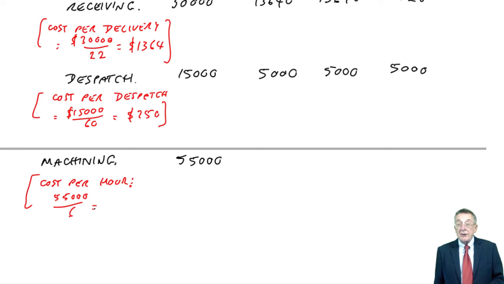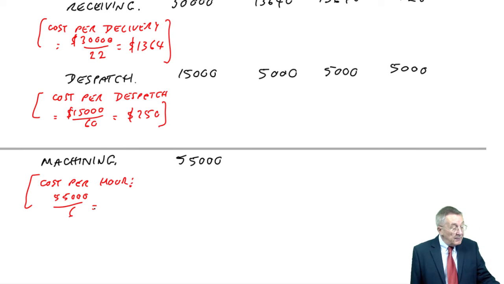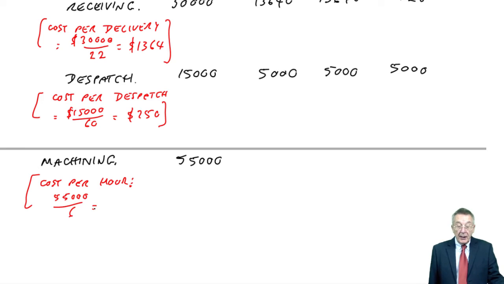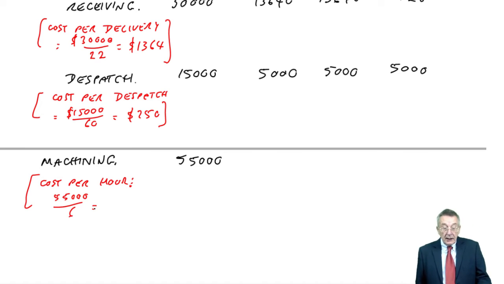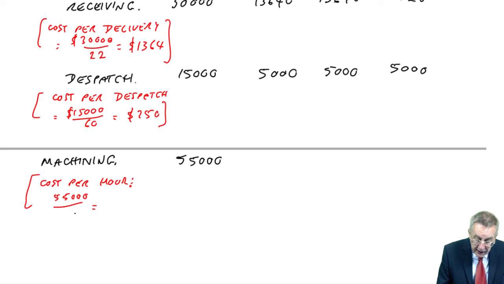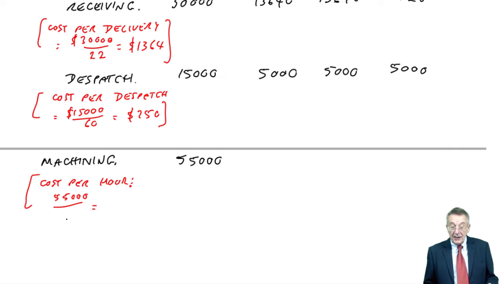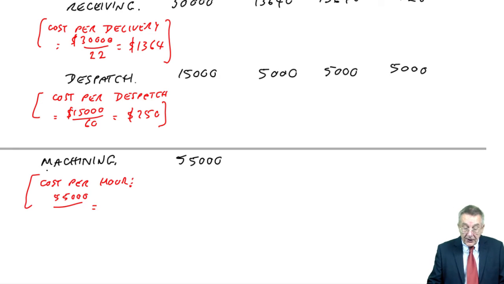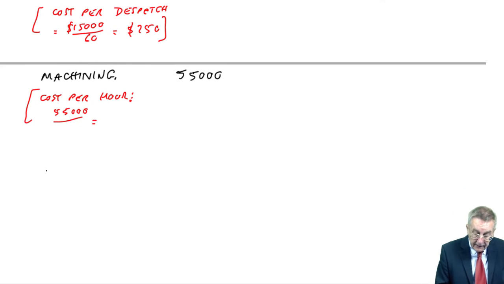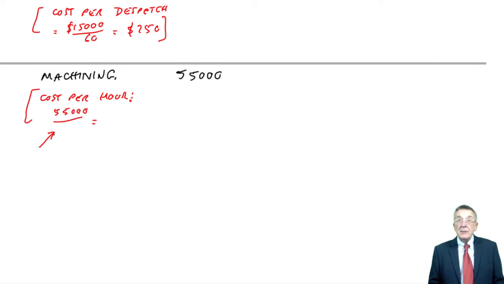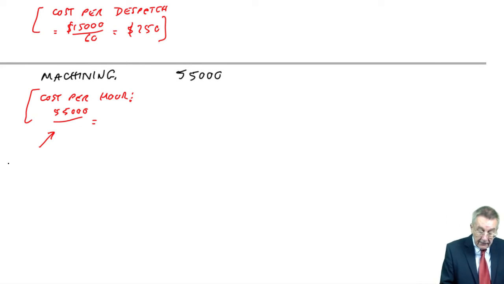It's such a common mistake. Although we are going to take the same approach as with the others, the point is it's 2 hours per unit. And so to get a cost per hour, we need to divide 55,000 by the total number of hours, not by the hours per unit. And so, with a bit more workings here, how many machine hours are we working?